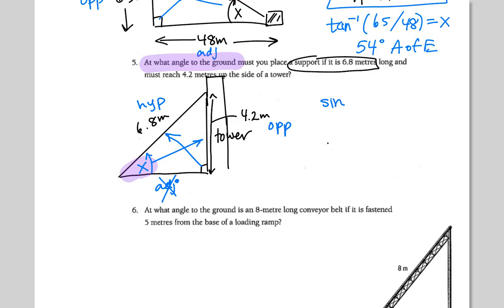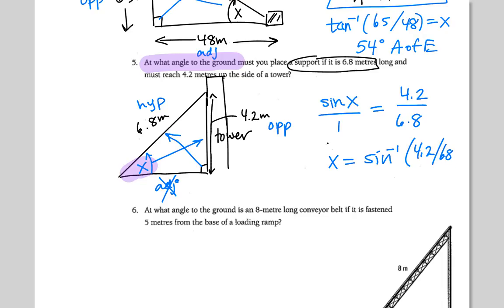Let's call this angle unknown x. And it equals 4.2 over 6.8. So if you don't know the angle, remember it's just the second function of the ratio. So 4.2 divided by 6.8, and then we'll use second function sine. And I see that x is 38 degrees.